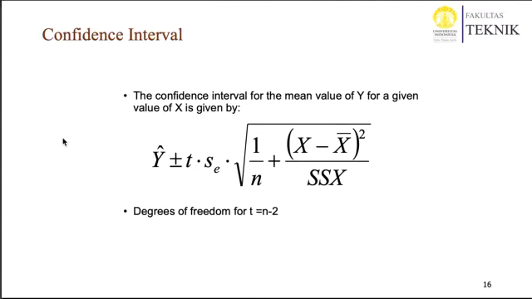So how about the confidence interval? The confidence interval for the mean value of y for a given value of x is given by this equation, where the degrees of freedom for t is equal to n minus 2.